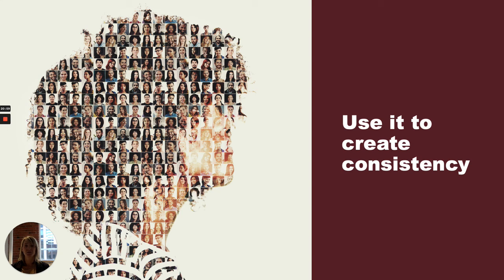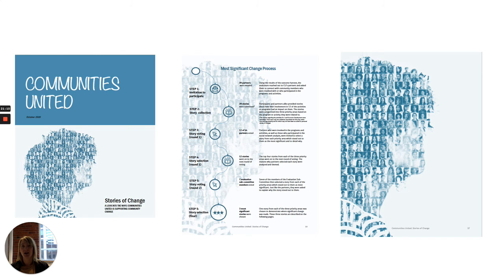I really loved it because the project was all about collaboration and relationship building. So I chose this image, and then I used it throughout my report, to make it stretch, but also to create that consistency and cohesiveness that I talked about earlier.